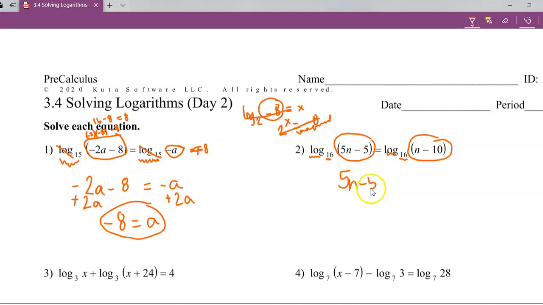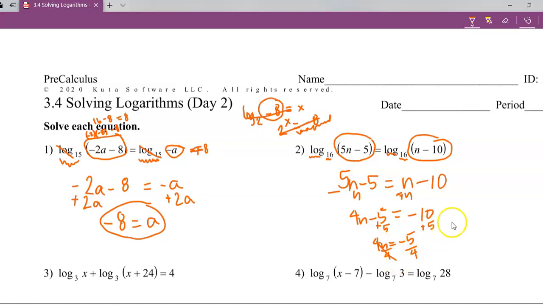So 5n minus 5 equals n minus 10. I'm going to subtract n from both sides. So 4n minus 5 equals negative 10. Add the 5 over. 4n equals negative 5 and divide by 4. So n equals negative 5/4.